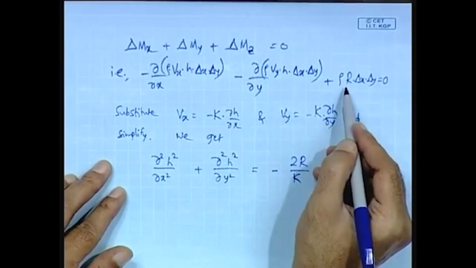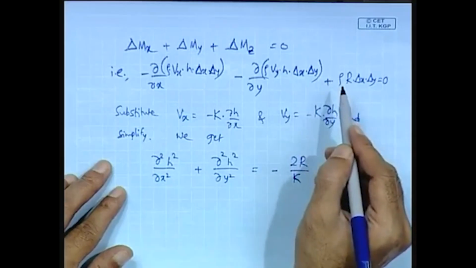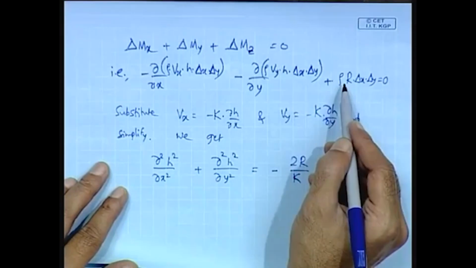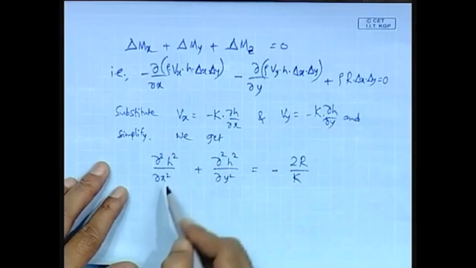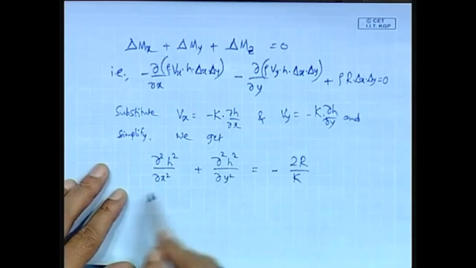So, here since the term r is there, it will be h square by 2, and then minus 2r by k.